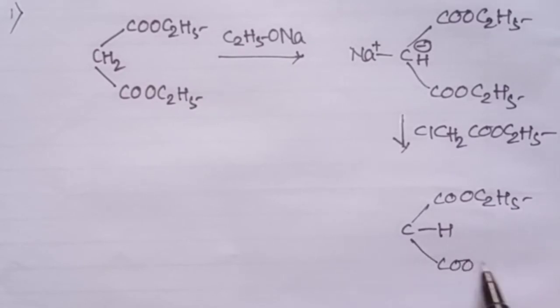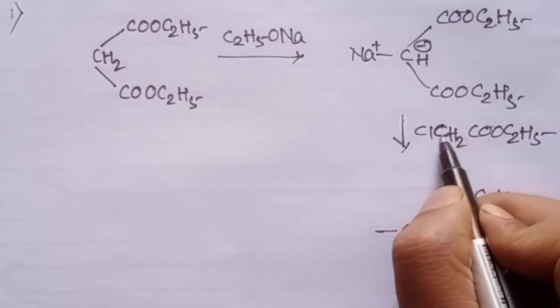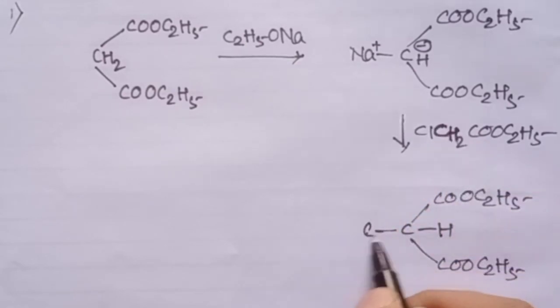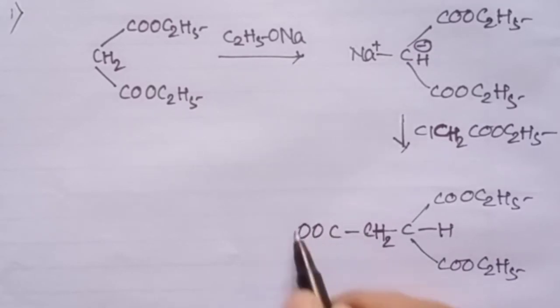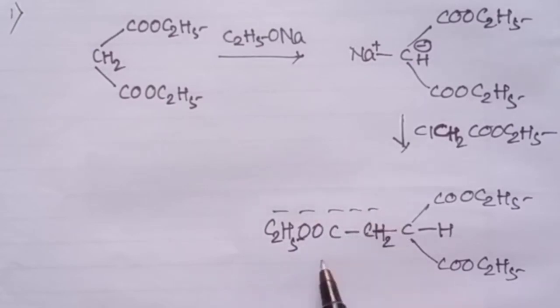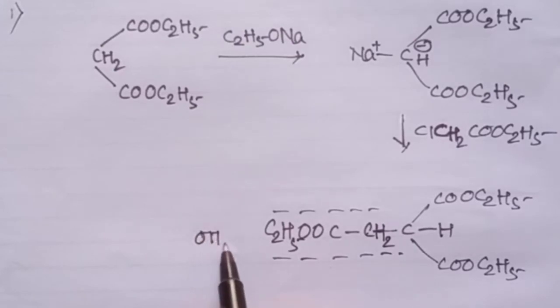Here COOC2H5. Now this particular CH2 group will be here, and then COOC2H5 will be here. This is the group which I have joined. Okay, I can write it in this manner.